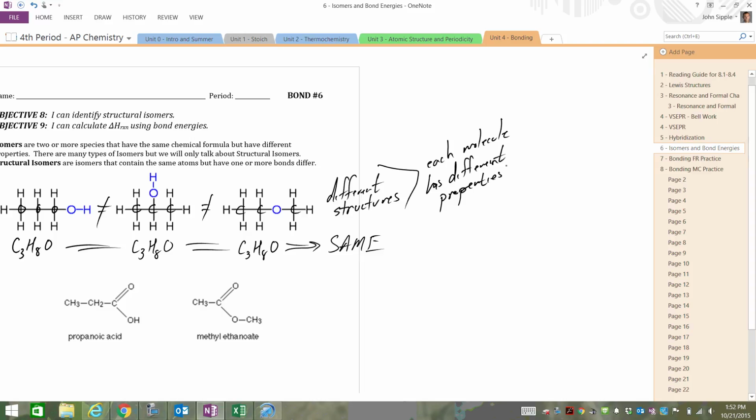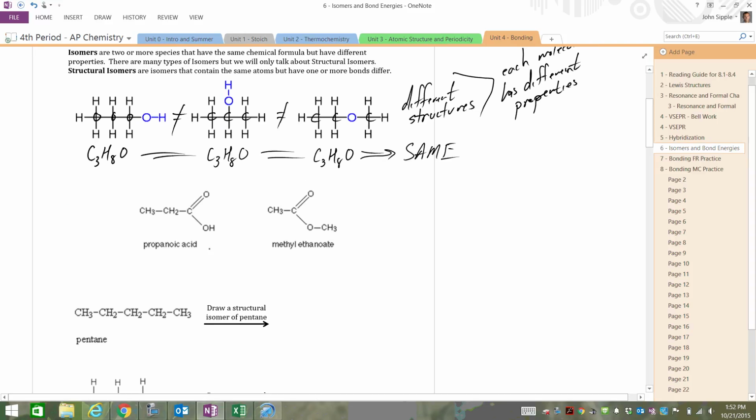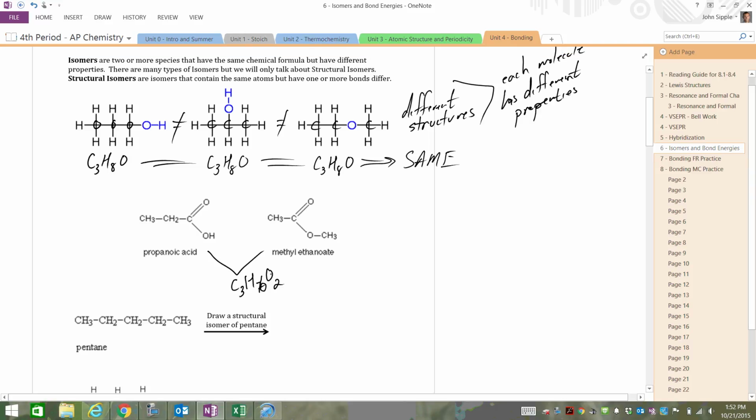For example, right down below here, we've got propanoic acid and methyl ethanoate. These guys both have C3H6O2.